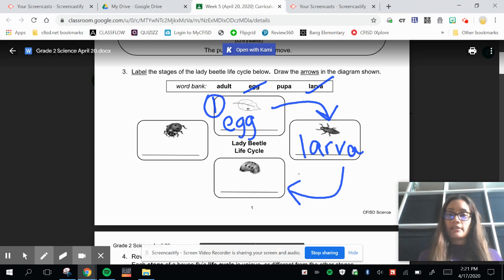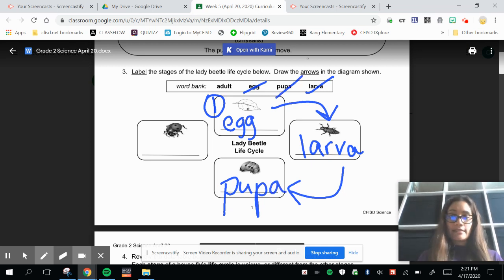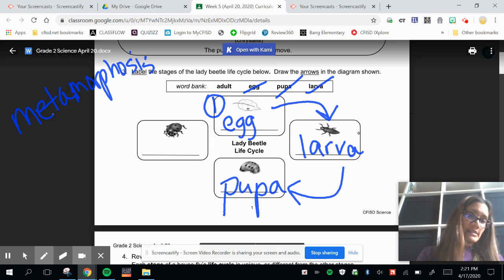Next stage, this is a pupa. It remains still. It does not eat. And inside, it's going through a metamorphosis. Metamorphosis means change.